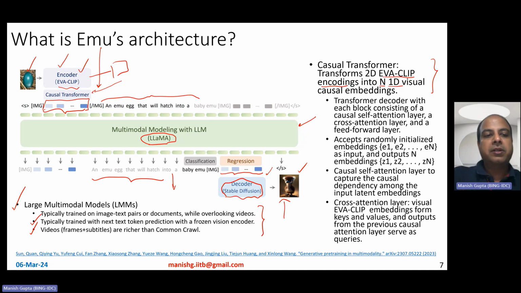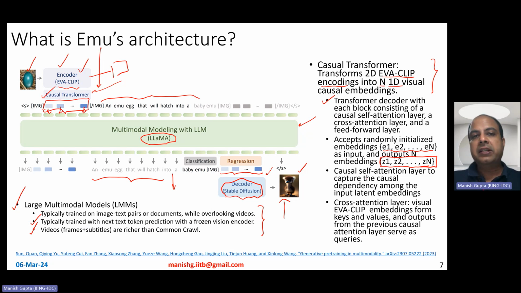Now, this causal transformer is essentially a transformer decoder, containing three things: causal self-attention layer, cross-attention layer, and feed-forward layer. It accepts n randomly initialized embeddings, supposed to be representing the image, and then outputs transformed n representations, which actually represent the image. These are the n things which are then passed as input to the Llama transformer.